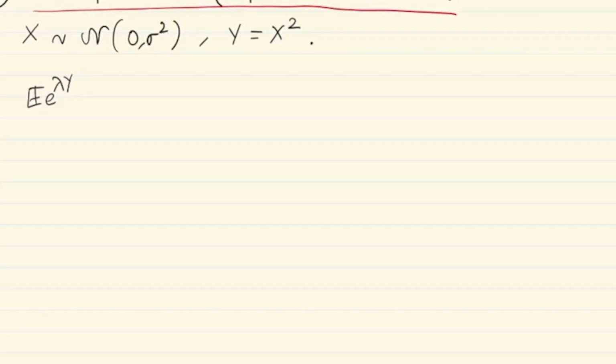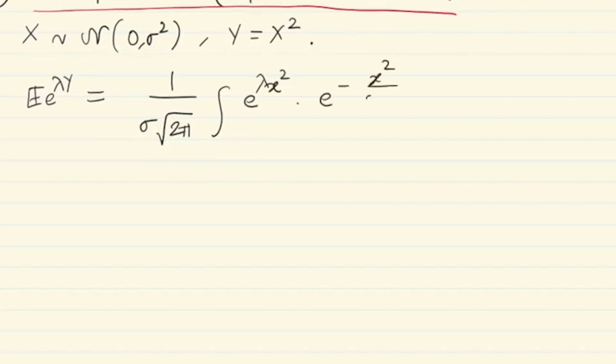So let's say that x is normally distributed, and you square x to get y. So the moment generating function of y will be 1 over sigma square root 2 pi integral of e raised to lambda x square, because that's lambda y, into e raised to minus x square by 2 sigma square dx.